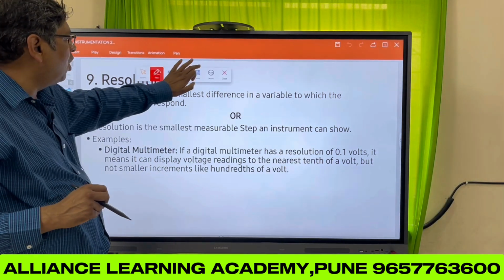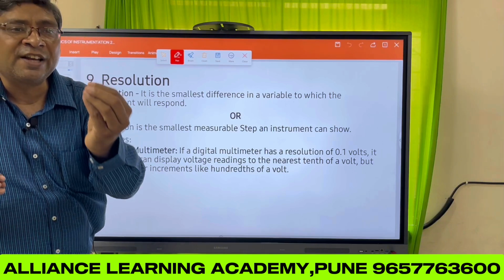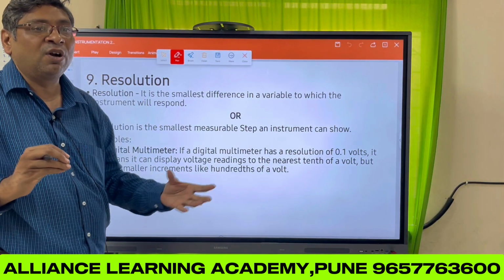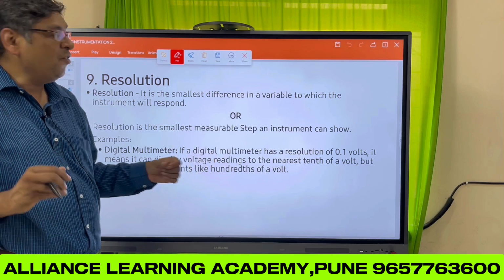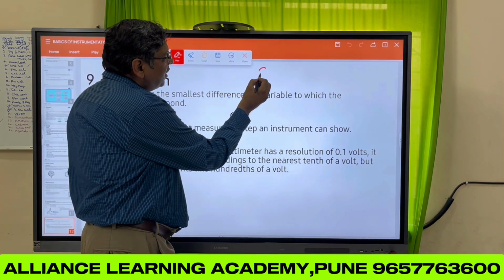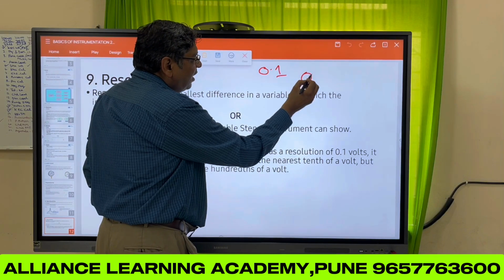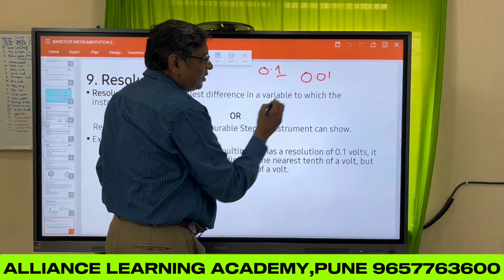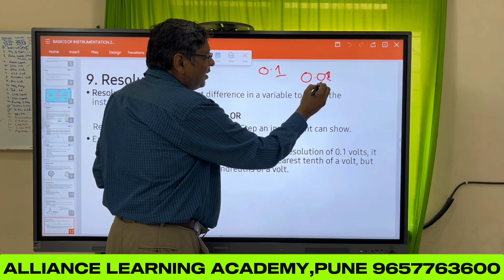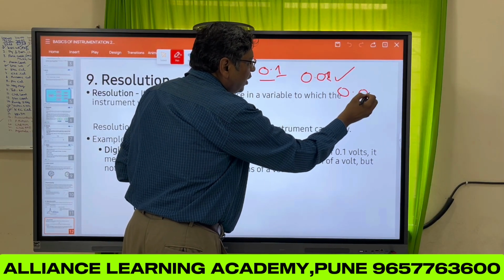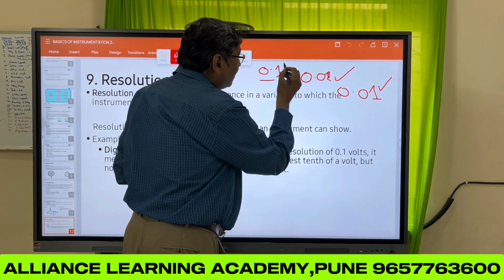Resolution is the smallest variation an instrument can measure. If my pressure transmitter can measure a value up to this only and another can measure up to this, which is 0.01, then I can say this instrument is better. Why?